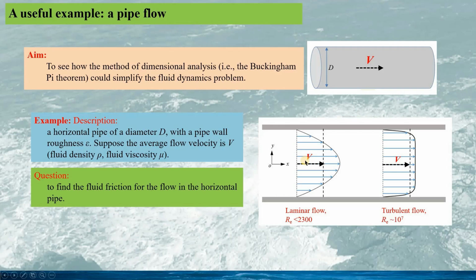And such a flow is axisymmetric, hence it can be regarded as a 2D flow, and we can solve the Navier-Stokes equation directly to obtain the flow. And this flow is the famous Hagen-Poiseuille flow. And from the solution we can calculate the flow friction.